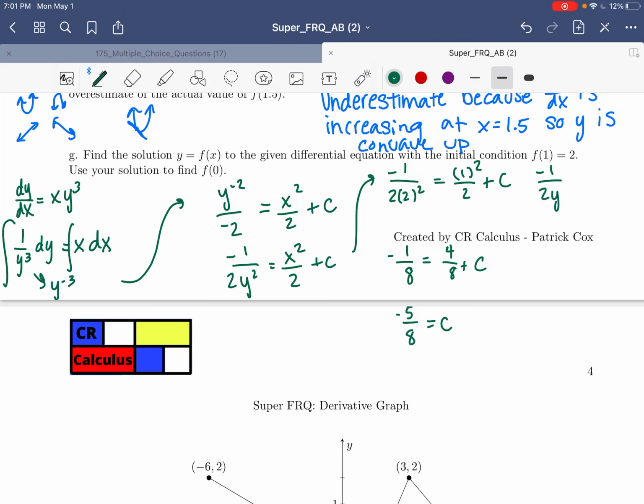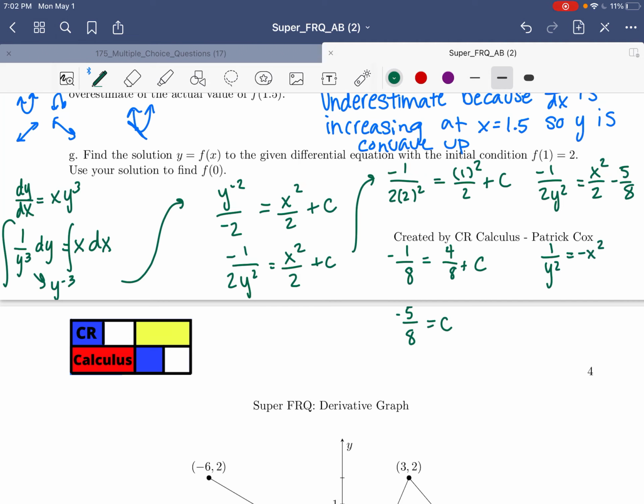So then I have negative 1 over 2y squared equals x squared over 2 minus 5/8. And then we'd really just need to get y by itself. So I'm going to multiply everything here by negative 2. So I have 1 over y squared equals negative 2 times x squared over 2.